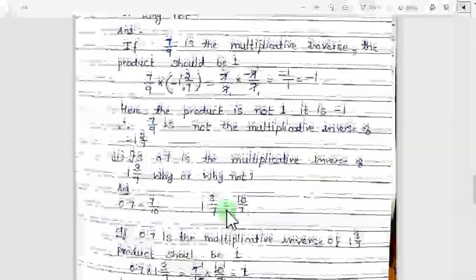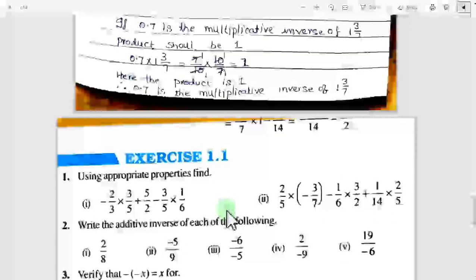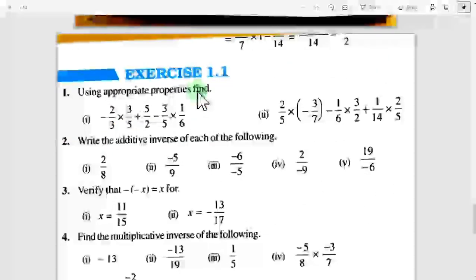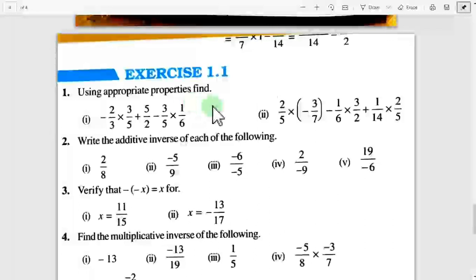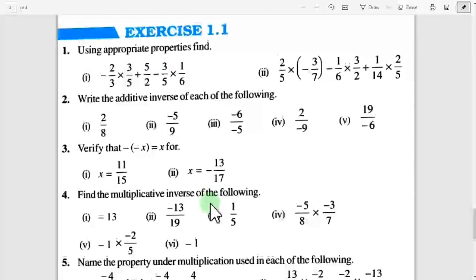I have explained these example sums and the distributive property. Now by referring to these example sums you have to do the exercise sums. Exercise 1.1: the first two you have done in the last class. Today's homework is the third question, verify minus x is equal to x for this value. Similar sums I have done.